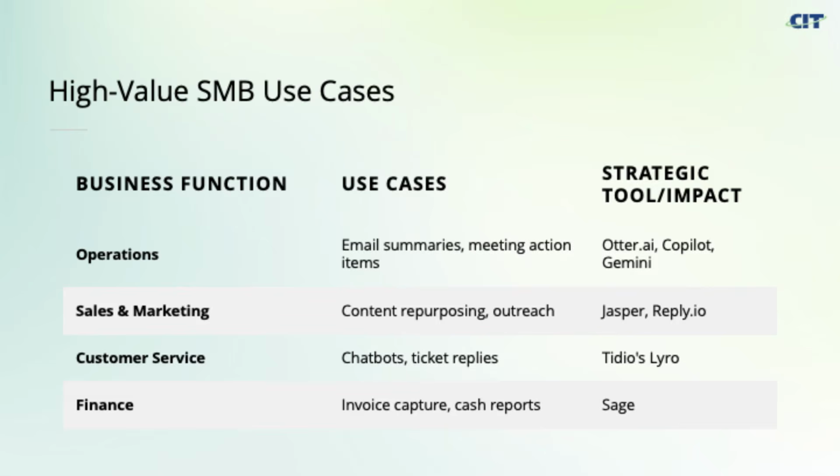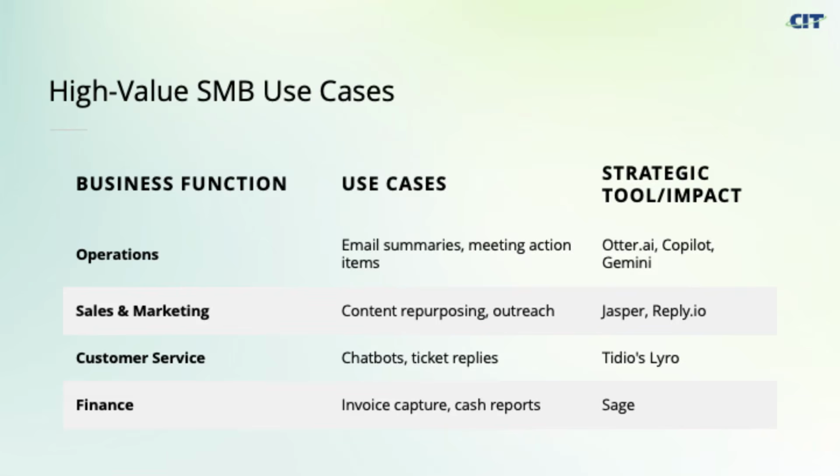For sales and marketing, AI can help personalize outreach, repurpose content across formats, and summarize sales calls to extract key insights. Platforms like Jasper and Reply.io boost consistency and reply rates, sometimes even tripling them. For customer service and support, AI can streamline support with ticket triage, smart replies, and chatbot creation.